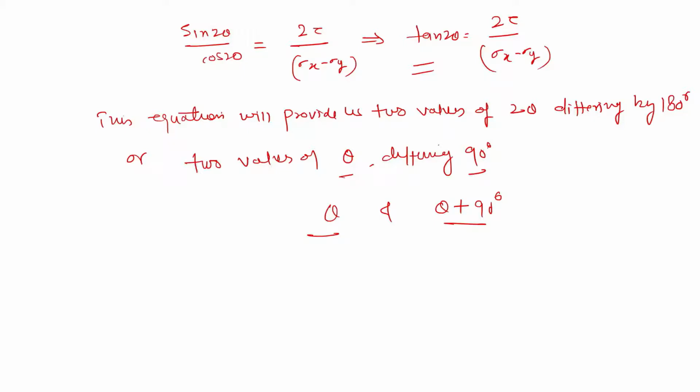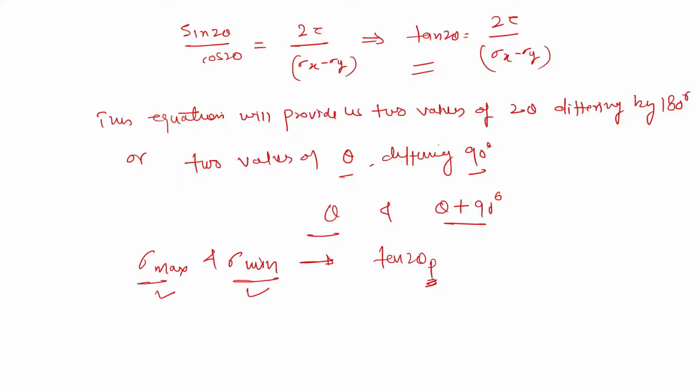Here it is to be noted that these two values, sigma maximum and sigma minimum, can be found by putting in tan 2 theta p. The p designates the principal plane, because sigma maximum and sigma minimum are known as principal stresses, and the planes associated with these two values of direct stress are known as principal planes. So this p stands for principal plane.